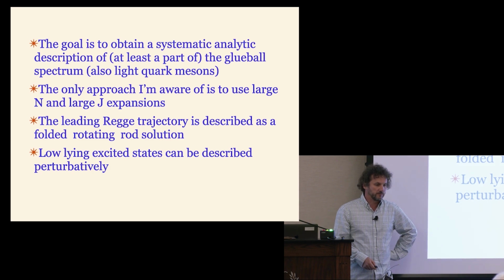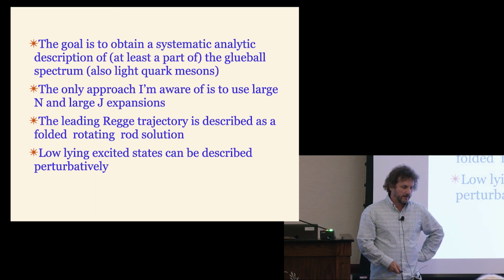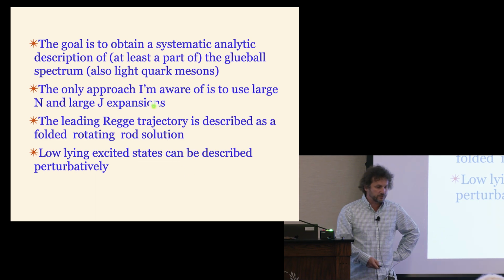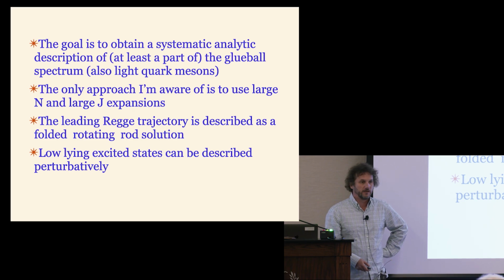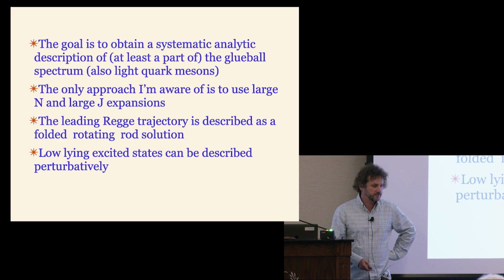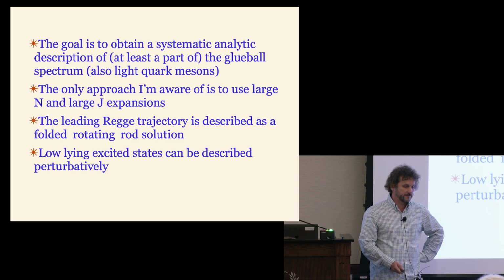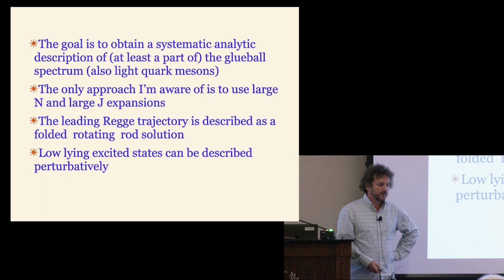But here I'm thinking about the really stringy part of QCD. The only approach I'm aware of to achieve this is to use a combination of large N_c and large J expansion.